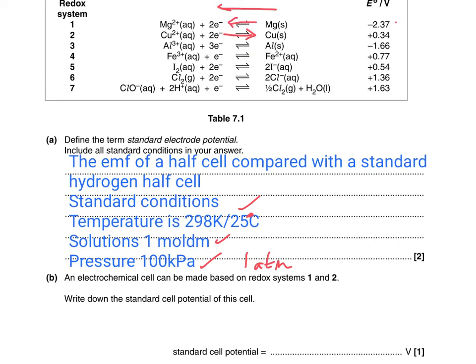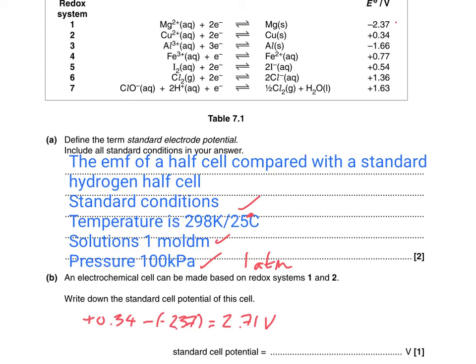Okay, so standard electrode potential is the more positive, or the right hand side, minus the left hand side. The difference between the two, which should give you 2.71 volts. Okay. In fact, you didn't need to know the directions of the reactions at all for that. That's me not reading the question.